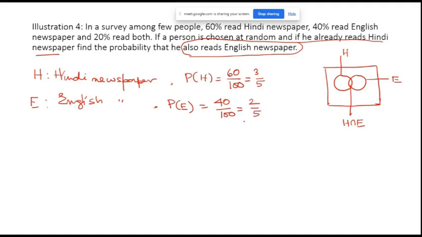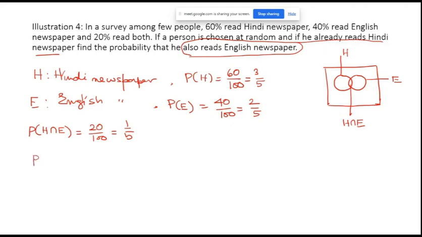Then we have the probability of reading both, that means Hindi intersection English, that is given by 20%. So 20 divided by 100, that will give me 1 by 5. Now what are we to find? If a person is chosen at random, and if he already reads Hindi newspaper, find the probability that he reads English newspaper.